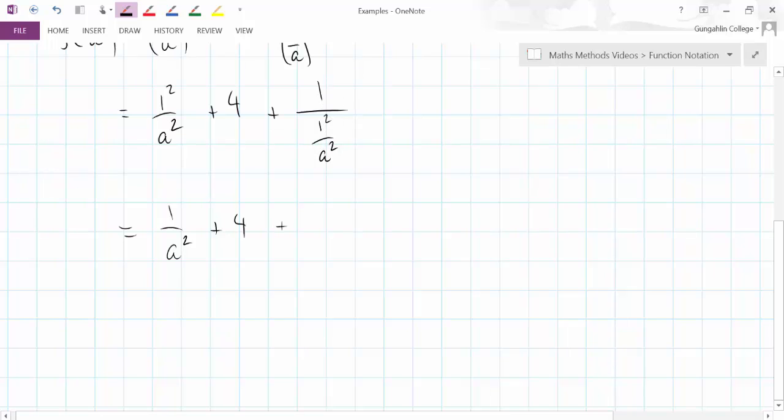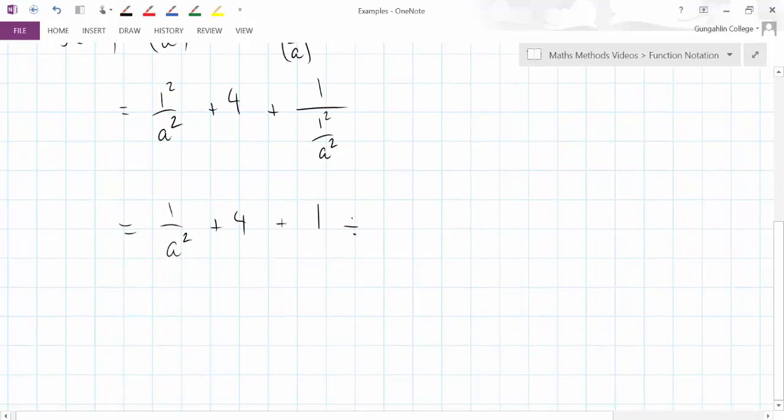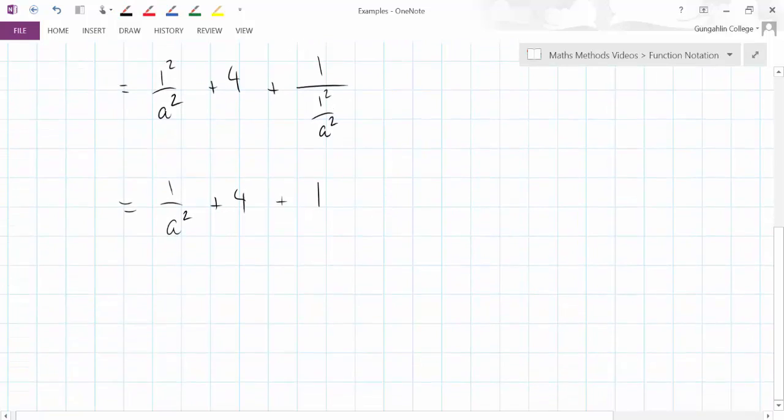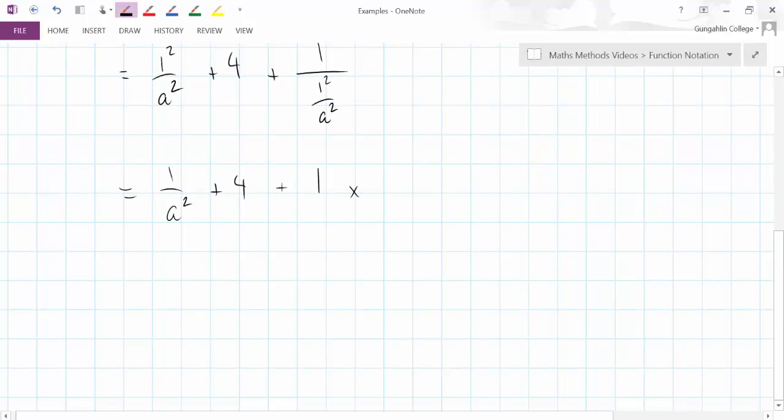Here, I'm going to still have a 1, but I've got a fraction divided by a fraction. I have to rewrite it like this. I can write it as 1 divided by 1 on a squared. If I'm dividing two fractions, I switch it to a multiplication and I flip the second fraction. Okay, that should all be in brackets.